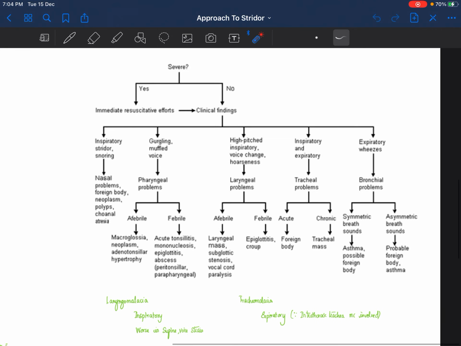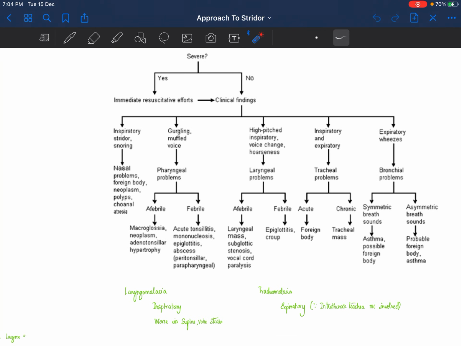This is from American Academy of Family Physicians, where they have given a flowchart like presentation. This is basically a compilation of what we discussed so far. If the stridor is inspiratory associated with snoring, then it is nasopharyngeal region. If it is associated with a muffled voice, see if the child is febrile or afebrile.